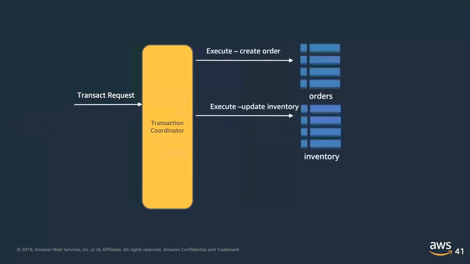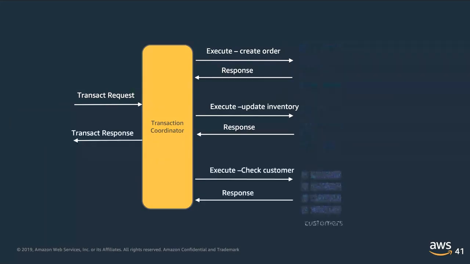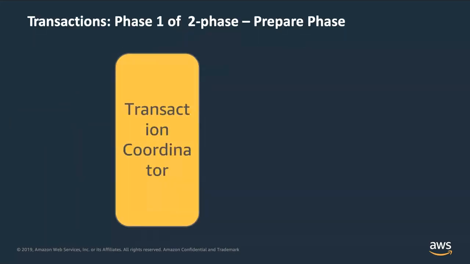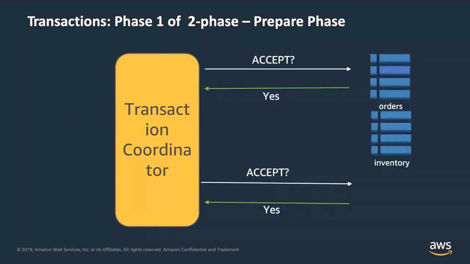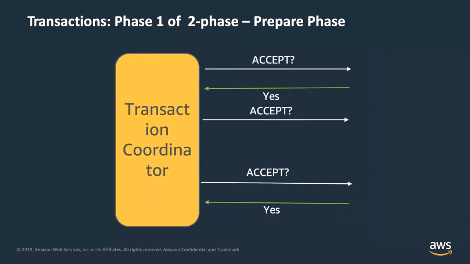Now, looking deeper into how exactly that happens inside transactions, it is essentially a two-phase protocol. The transaction coordinator asks all the participating storage nodes, hey, I'm going to make a request that is sent by the customer. Are you willing to accept this?